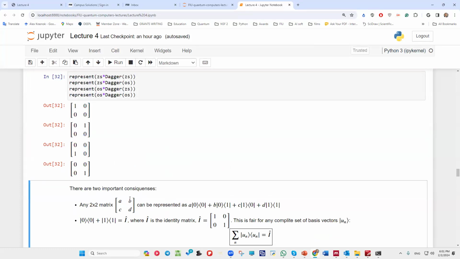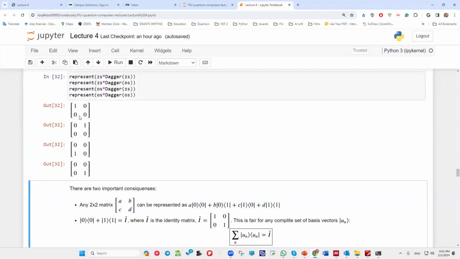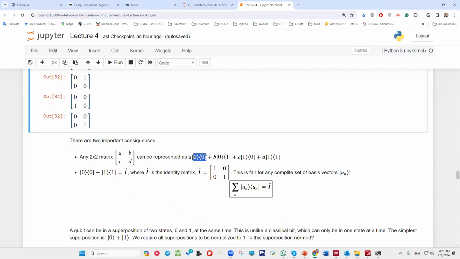I can represent this ABCD matrix as A|0><0| plus B|0><1| plus C|1><0| plus D|1><1|. This is the representation of this matrix. If you plug in the matrices for the corresponding operators here, you will get exactly the same matrix.